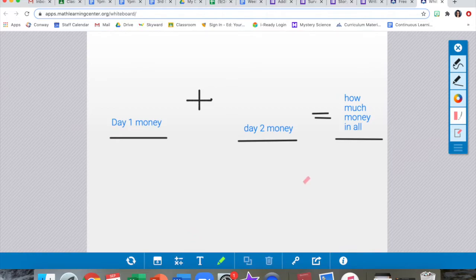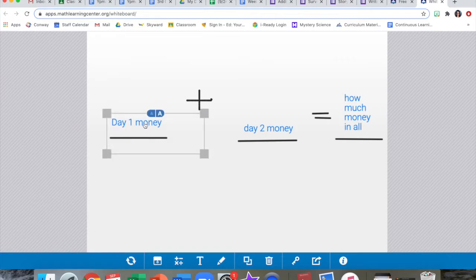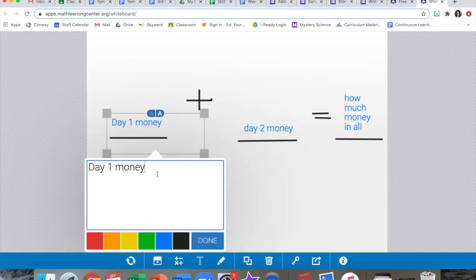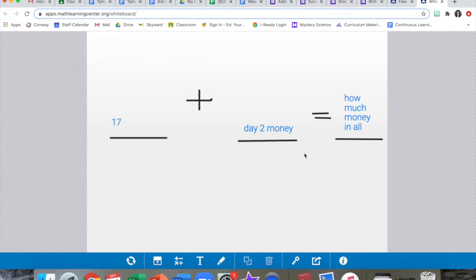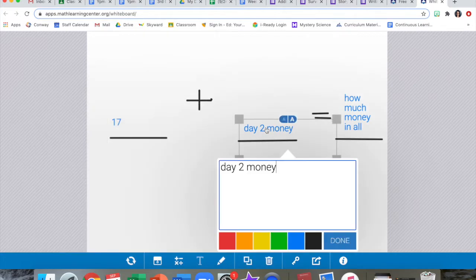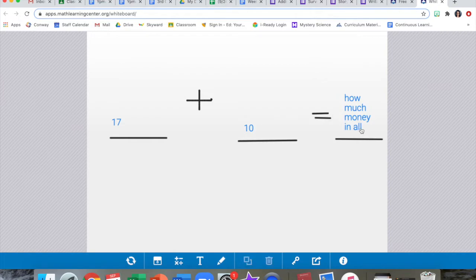So, when I told you the story, I said on the first day that she made $17. And I said on the second day, she made $10. We don't know how much money she has in all yet. You might have already solved this in your head, and you might know, but the story didn't tell us.